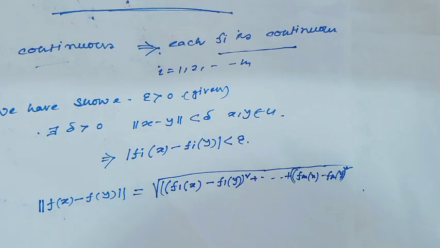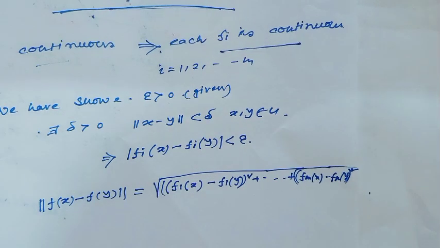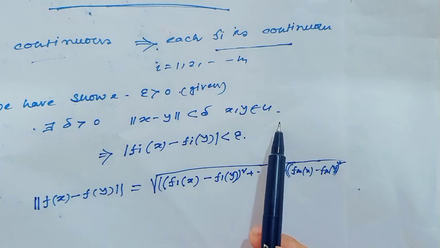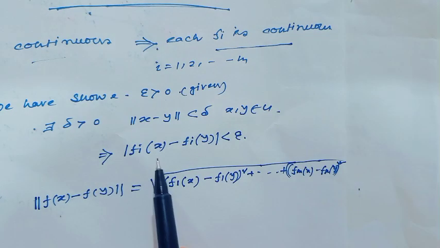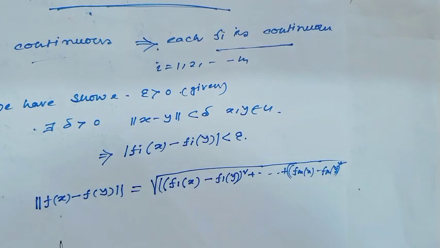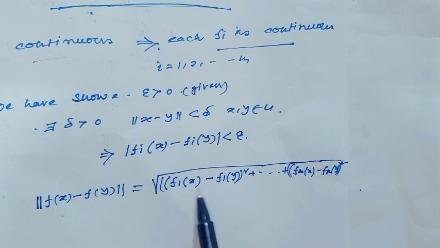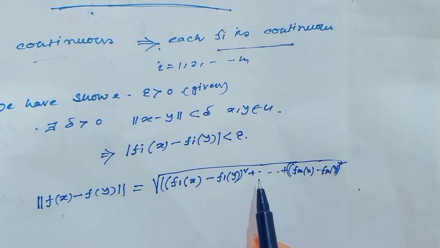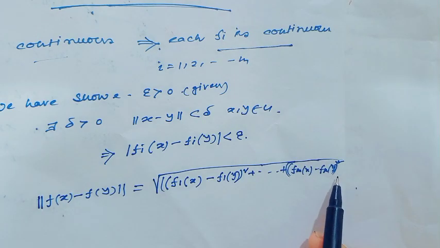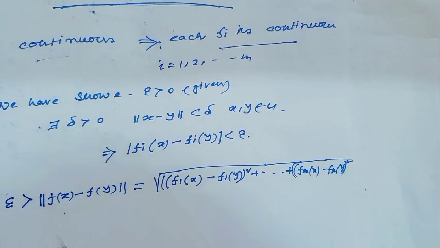That means we have to show that given epsilon greater than 0, there exists delta greater than 0 such that norm of x minus y less than delta, where x, y belong to U, implies absolute value of fi(x) minus fi(y) less than epsilon. And norm of f(x) minus f(y) means the square root of (f1(x) minus f1(y)) whole square plus, continuing, up to (fm(x) minus fm(y)) whole square. Since the function is continuous, this value is less than epsilon.